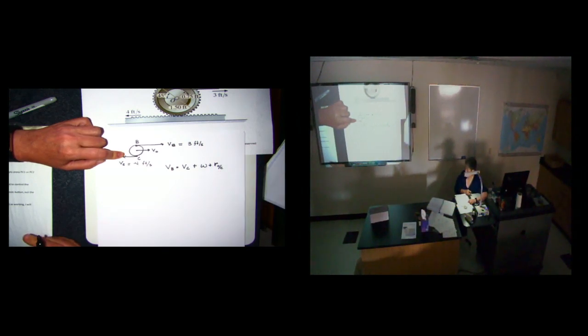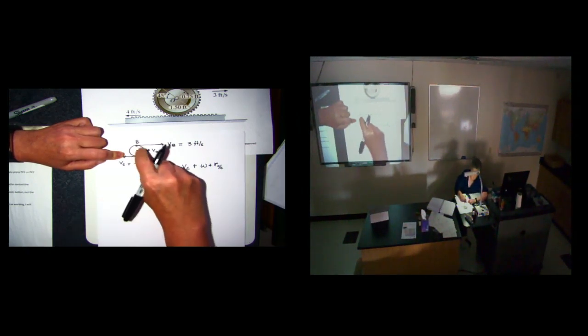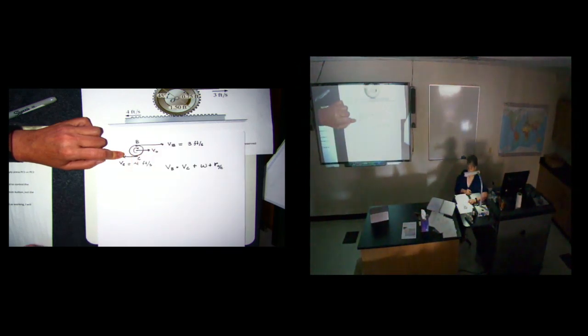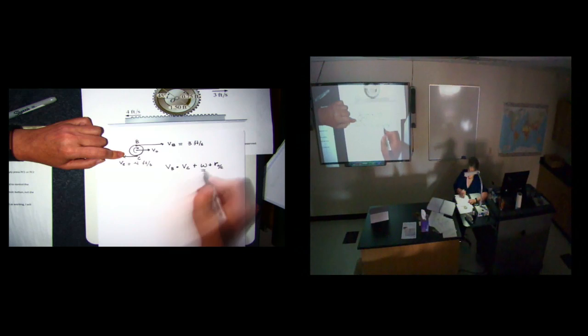VC is equal to minus 4 in the i direction. VB is equal to 3 in the plus i direction. And omega is omega in the k direction.